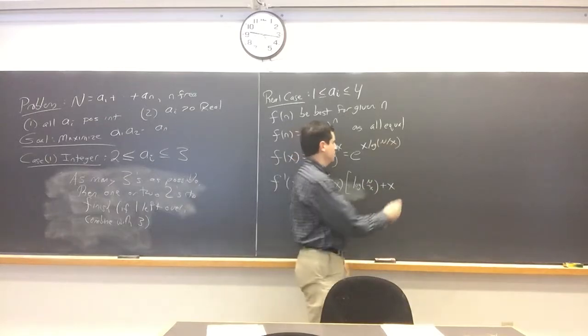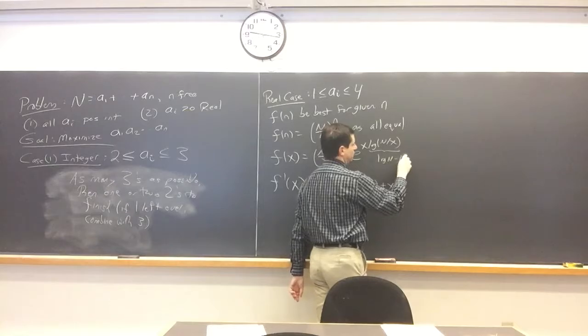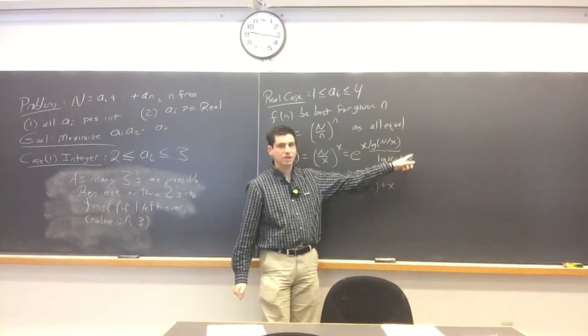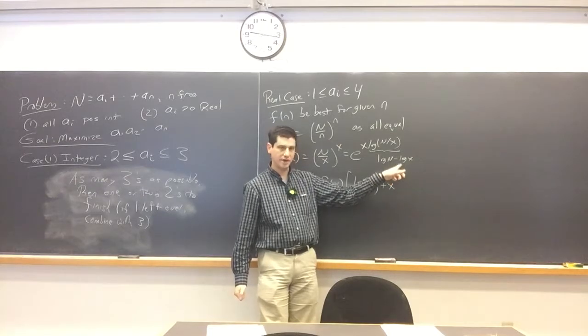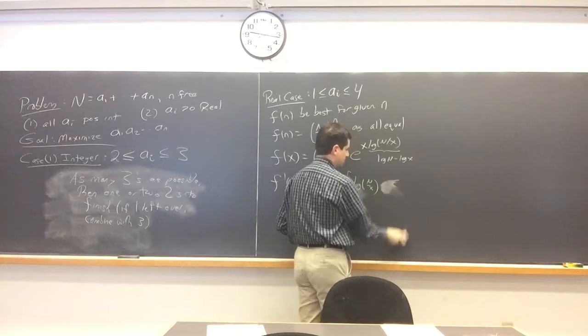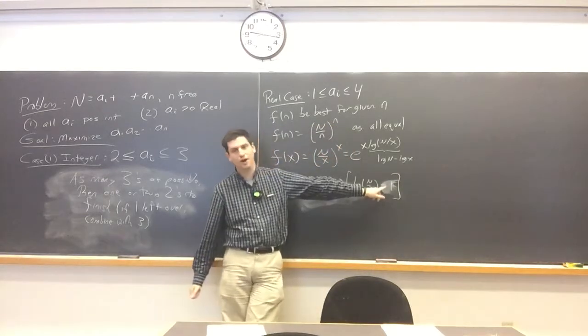Well, the log of n over x is the same as the log of n minus the log of x. So when I take the derivative of this, it's just 1 over x with a minus sign. I have an x, so this becomes the log of n over x minus 1. What number has a log of 1?